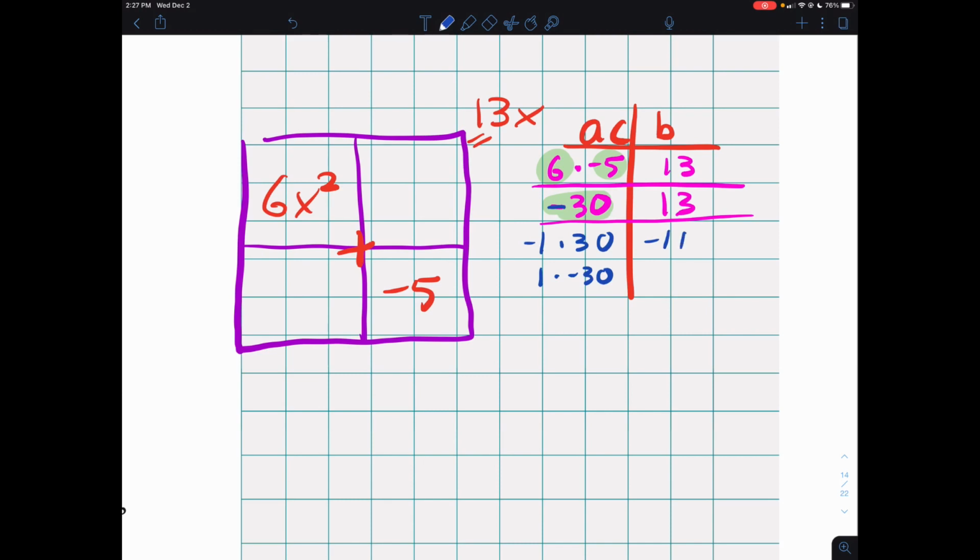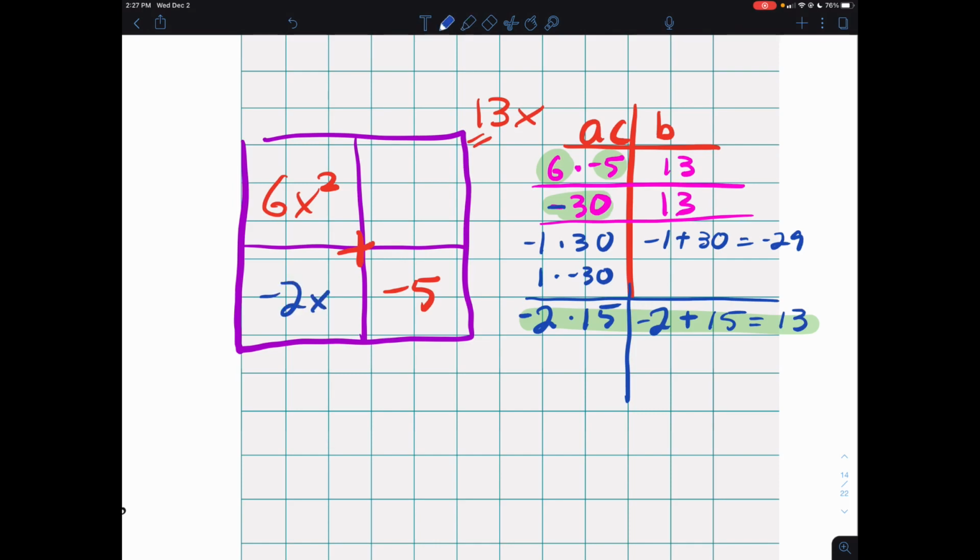But it's pretty obvious those are not going to work out to 13, right? So let's keep going. What about 2 and 15? I can make the 2 negative, negative 2 plus 15. Hey, that gives us 13. So the numbers that we're going to use are negative 2x plus 15x.